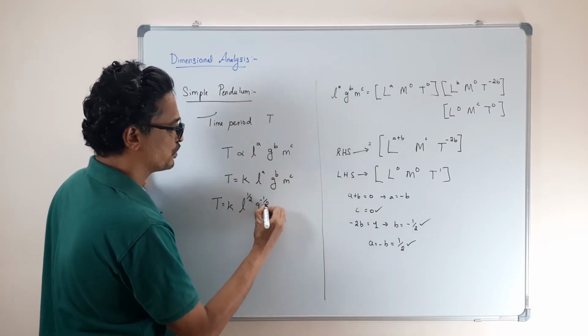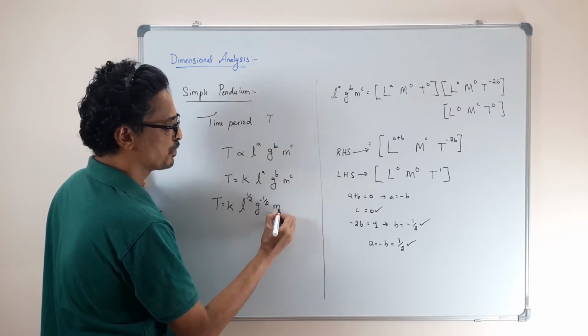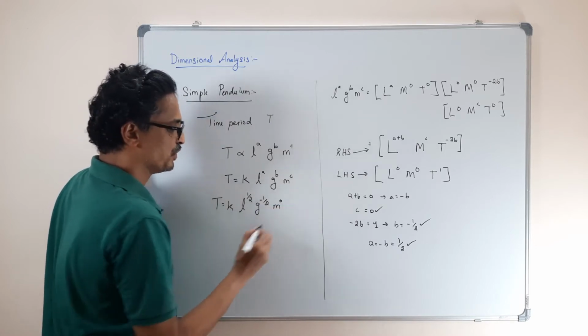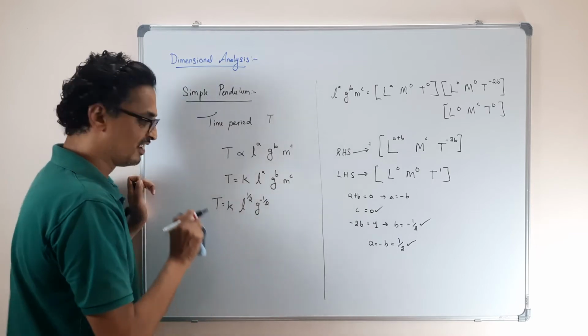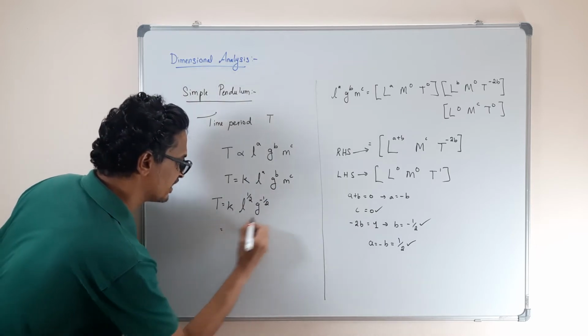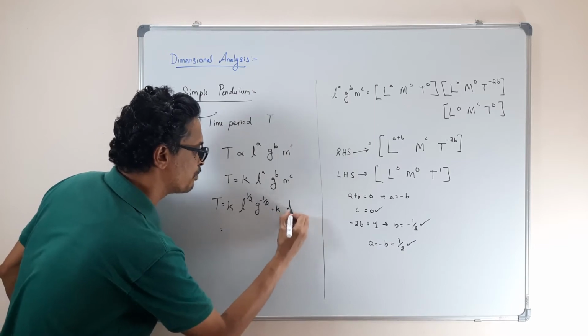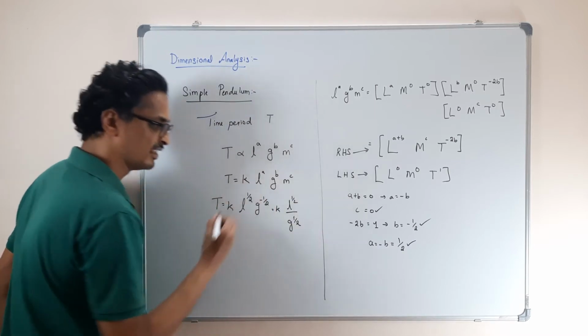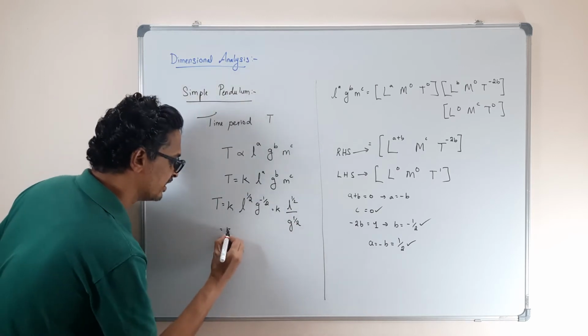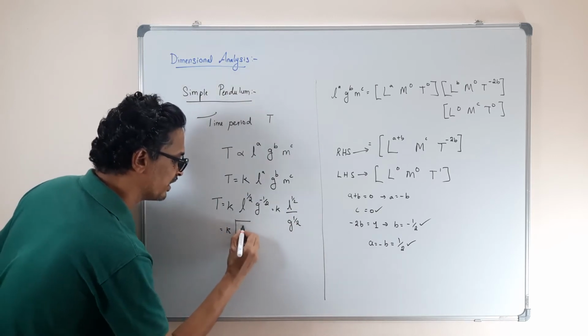Minus 1 by 2. And m^c. m power c is what? 0. So 0 means M won't be there at all. Correct? I can write this as K L^(1/2) divided by g^(1/2), or I can write it as K square root of L by g.